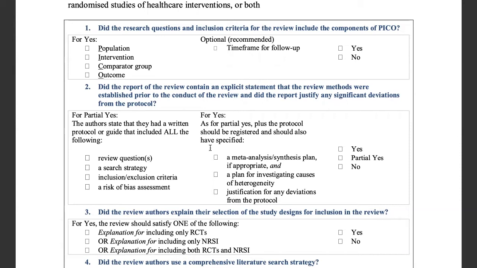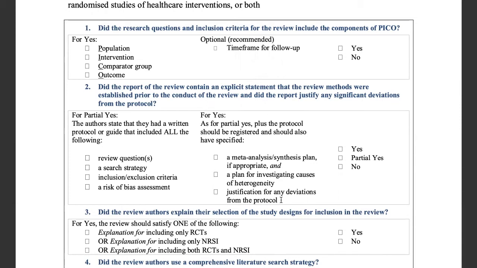For yes, the protocol should be registered or published, and also need to specify these three pieces of information. So a meta-analysis plan or a synthesis plan, if appropriate, a plan for investigating causes of heterogeneity, as you have talked about before in the systematic review with meta-analysis lecture, and also they need to justify on the paper, not on the protocol, if they had any deviations from the protocol.